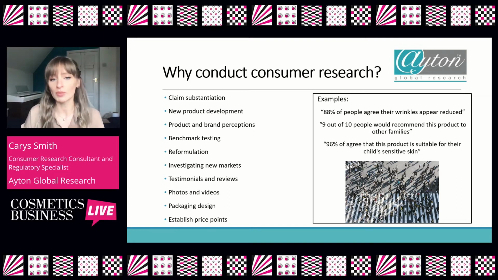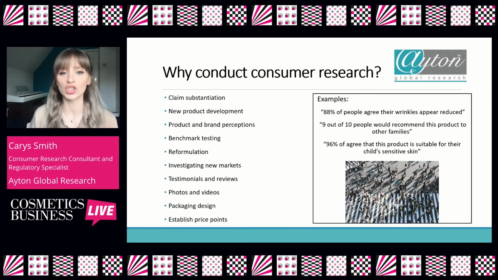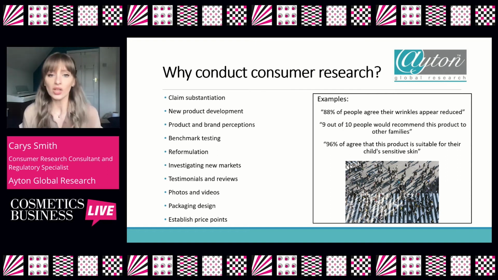So the kind of claims that we might be looking at are always to do with perception. So as we've got here, people agree their wrinkles appear reduced. I mentioned wrinkles earlier, because obviously it needs to be something they can notice rather than something they can measure. We've got things like marketing claims. So 9 out of 10 people would recommend this product to other families.